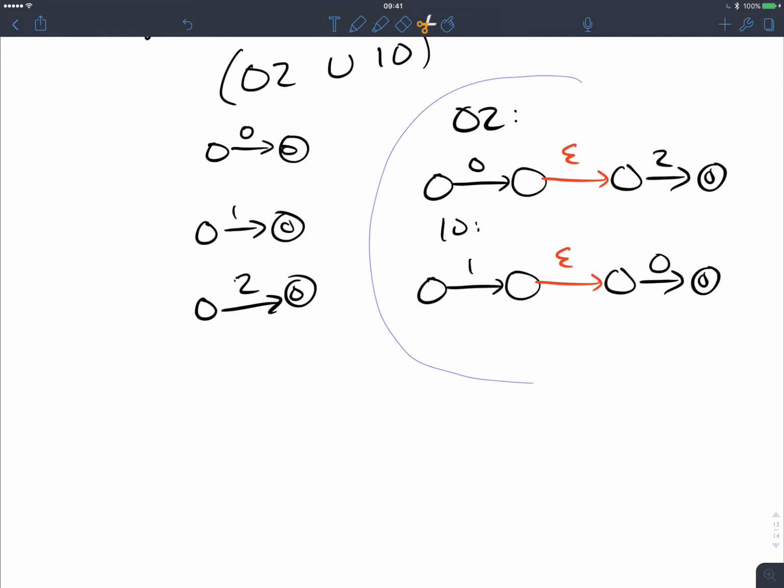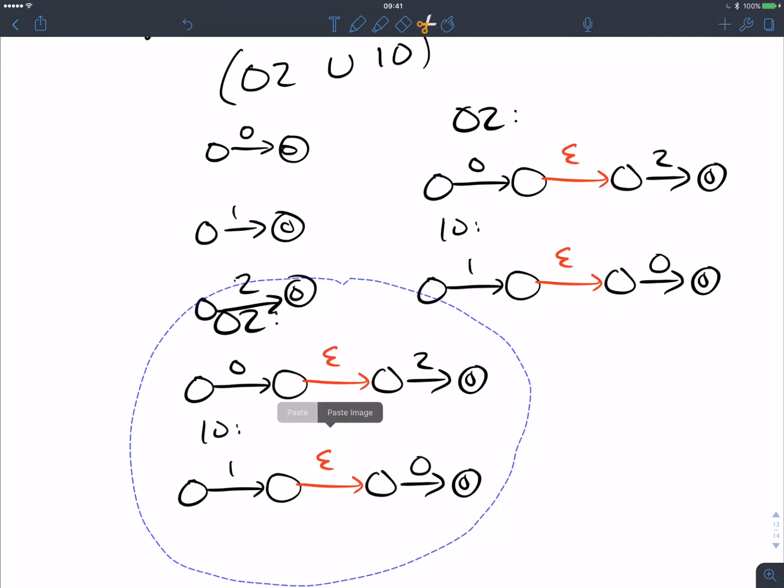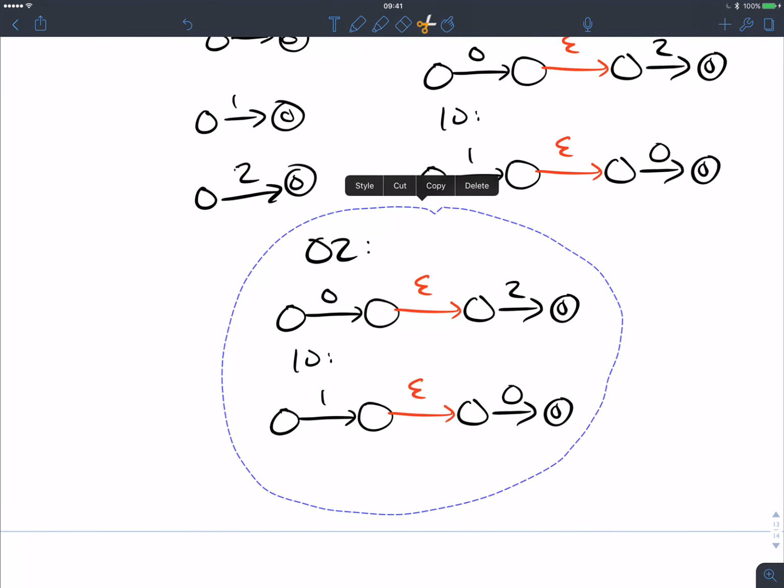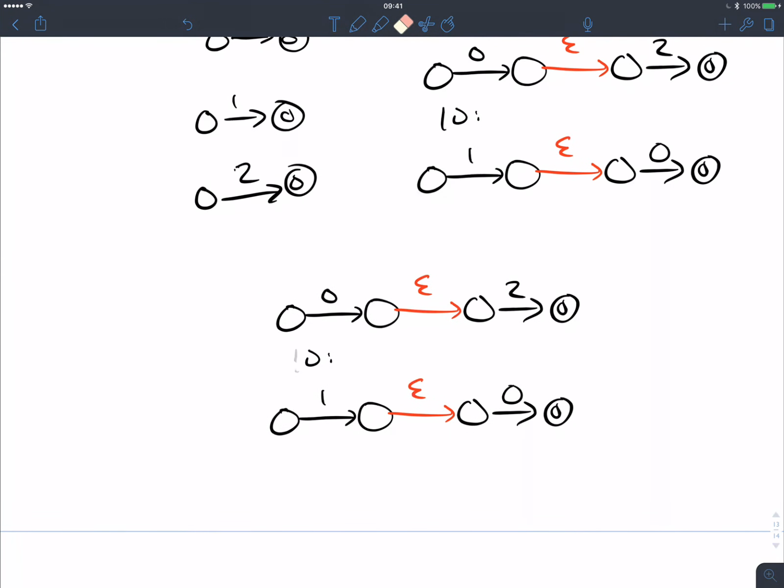If I have a 0, 2 and a 1, 0, can I have one for the union? Yeah, how do I do it? Make a new start state and epsilon my way over. So new color again. Actually, I'll do a different color for each one. So let's epsilon my way into the original ones. So this is 0, 2, union 1, 0.